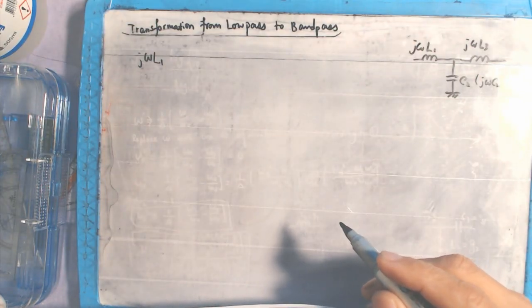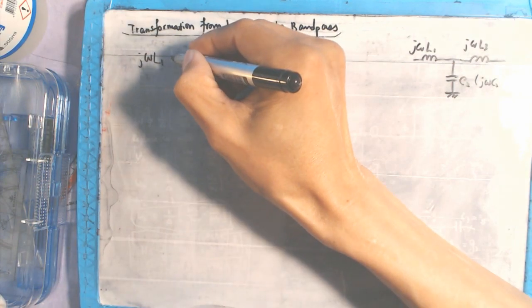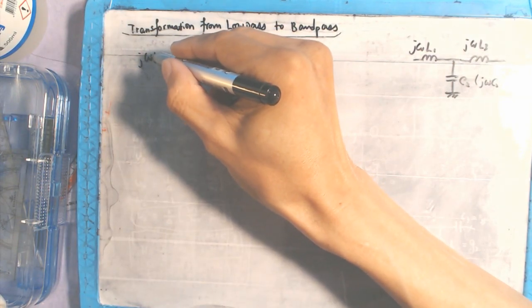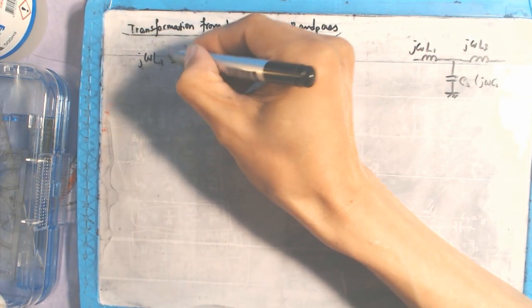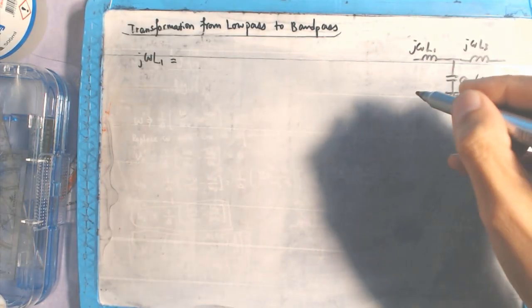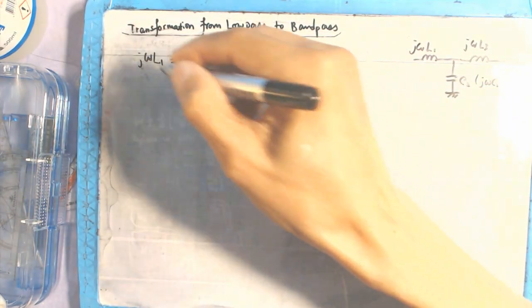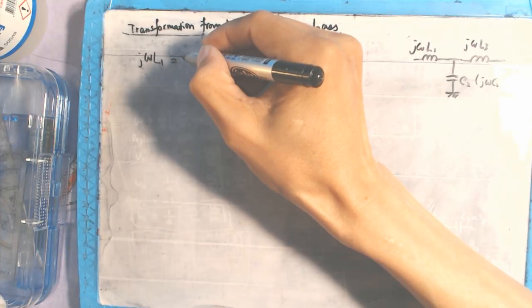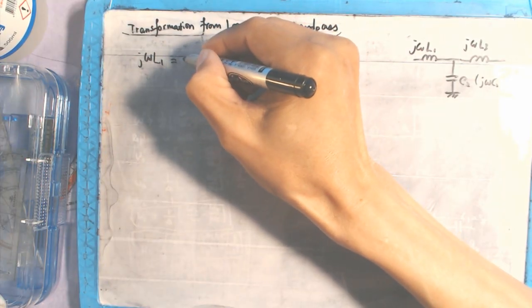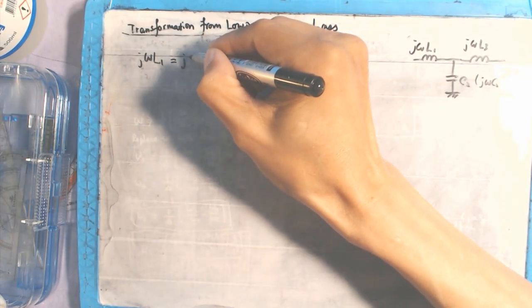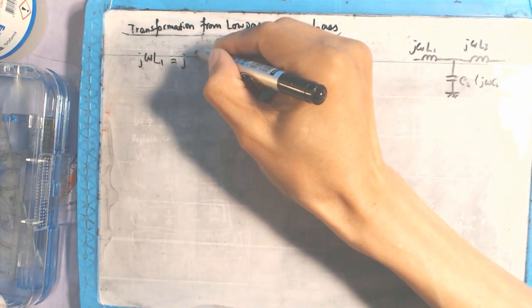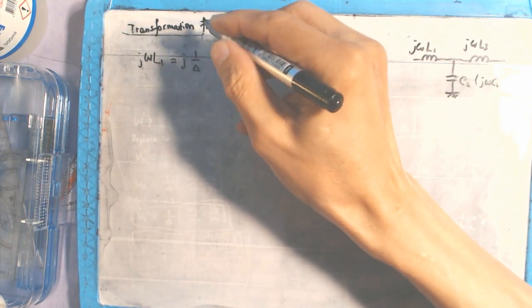And by replacing omega with the scale of the frequency, you get J, and then remember what we have done just now. You will get this.